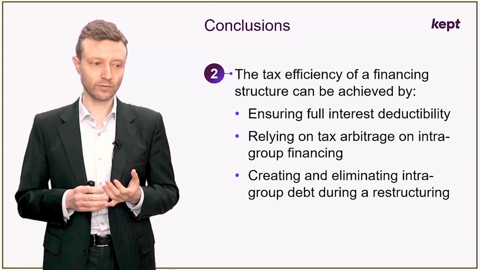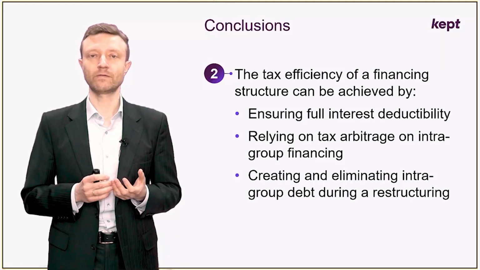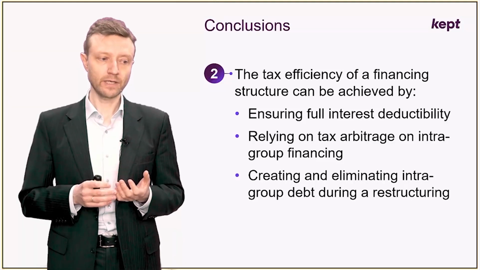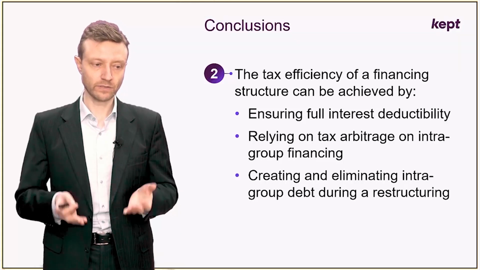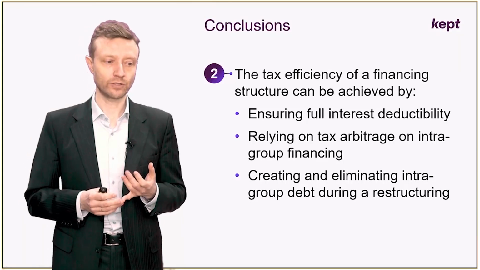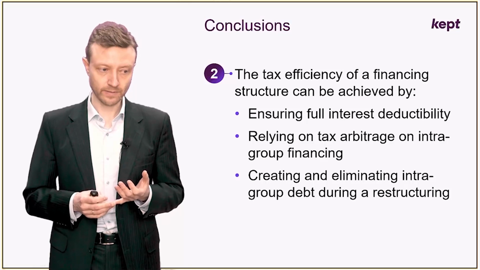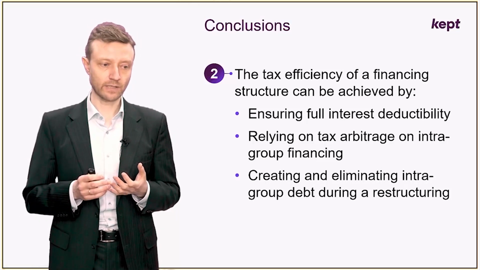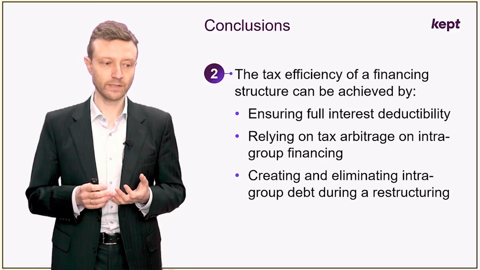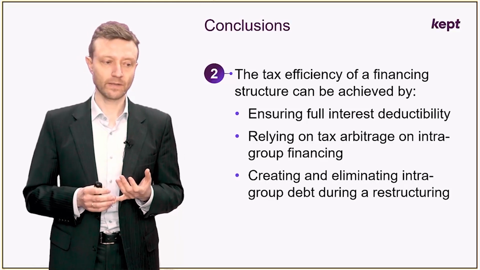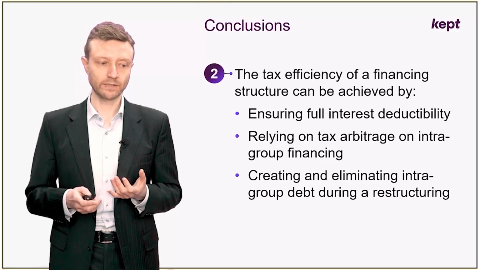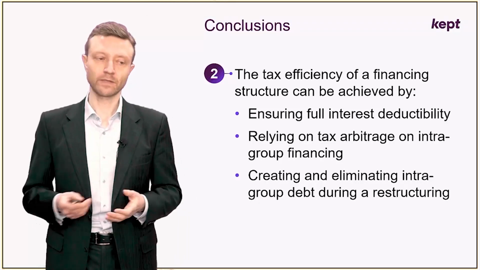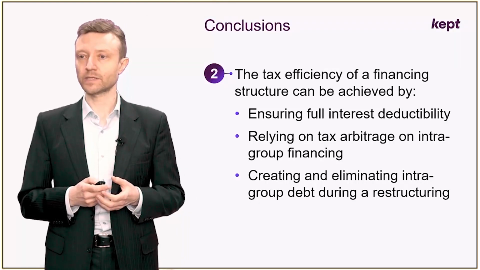Second set of conclusions relates to financing structures. And here, the first takeaway is to ensure full interest deductibility. Second, it is important to rely on tax arbitrage on intra-group financing. And third, creating and eliminating intra-group debt in group restructuring can be useful and even tax beneficial.